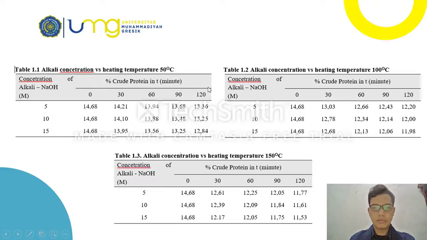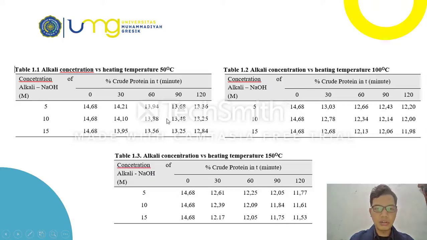We can see from the experimental data obtained with the interaction factor of alkaline sodium hydroxide with the chitin at different heating of 50, 100, and 150 degrees Celsius, it doesn't affect the characteristics of chitin.